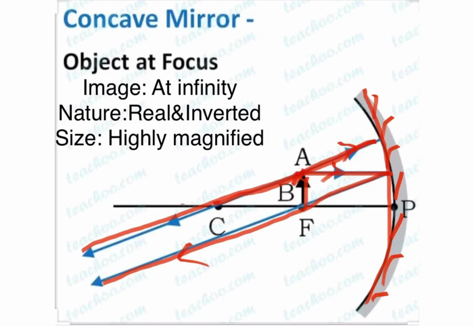And the image is obtained at infinity. So we won't be able to get the image over here because it is obtained at infinity and its nature will be highly magnified. So this is the diagram for the object which is placed at F of the concave mirror.